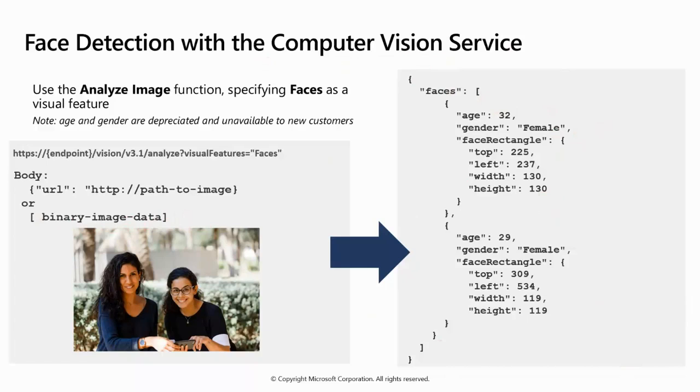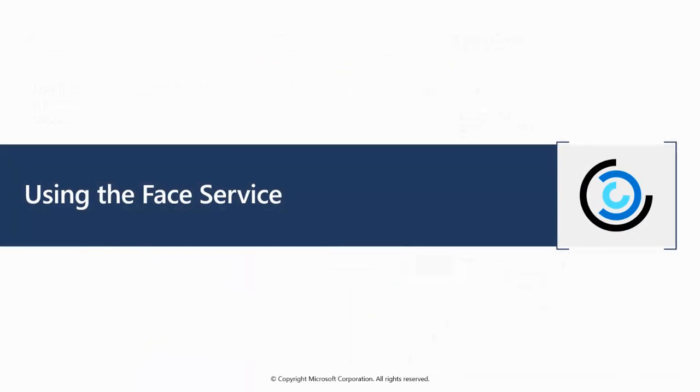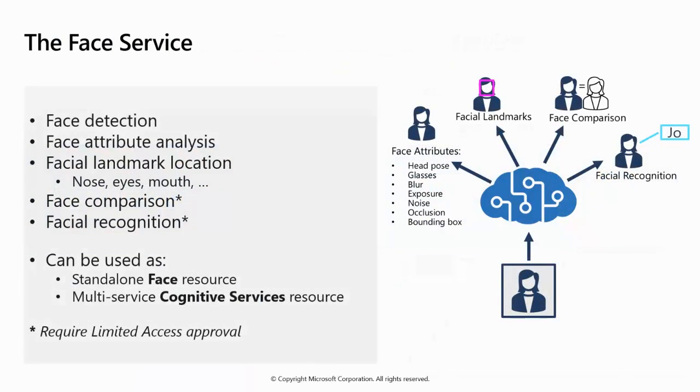Okay, let's continue. Now, using the face service. The face service is capable of complete facial detection, analysis, and recognition. The face service provides functionality that we can use for face detection.